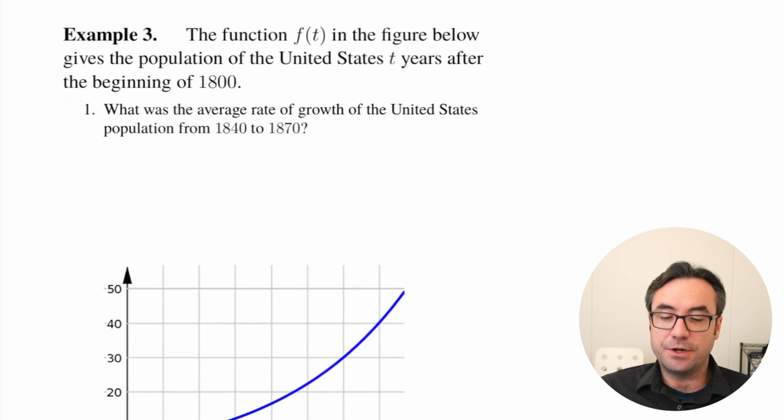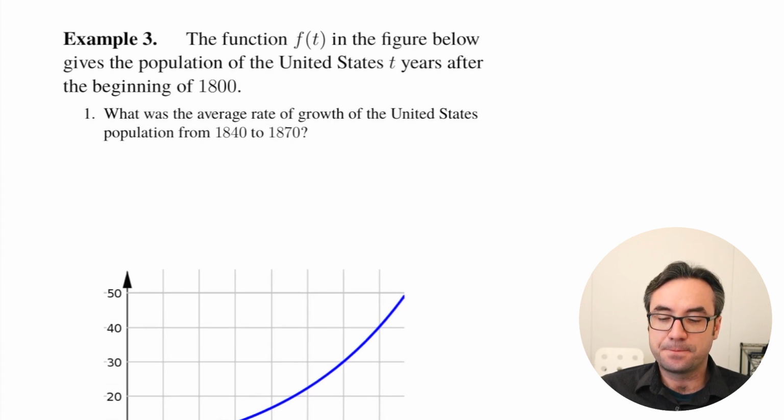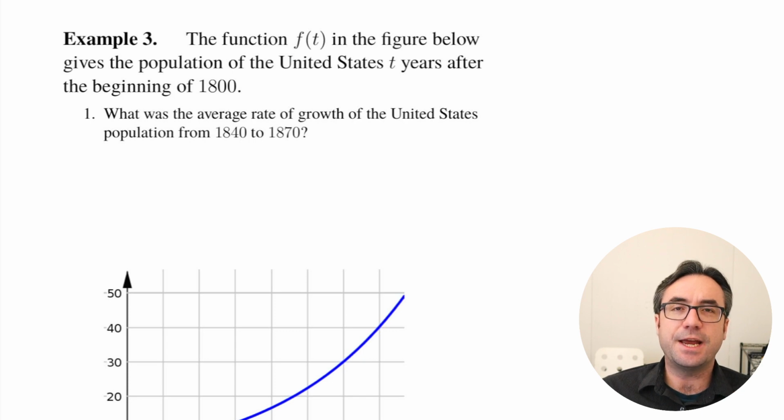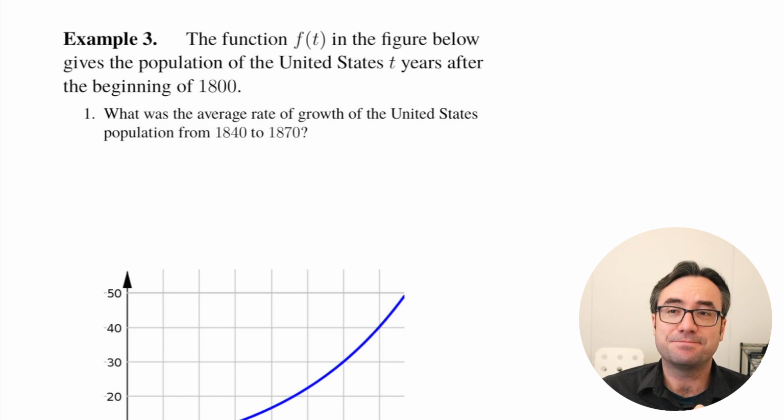And the result once we do this is going to have units. Our units here are going to be for population and for time. And so we're really going to see the rate of change. It really involves units in a lot of cases. And so we're going to look at example 3 in class. So we'll see you then.